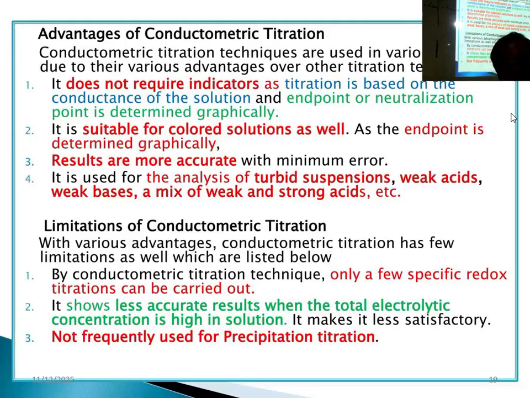That is the theoretical aspect, not practically found. The end point is found by color change, so they are not exactly the same. If you want to achieve the neutralization point, the instrumental method is better.